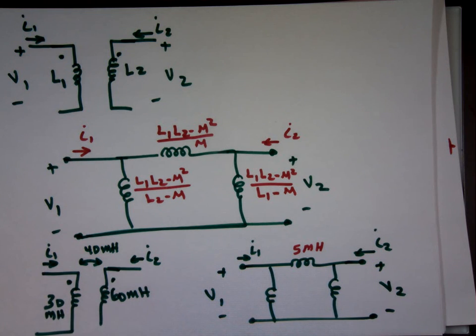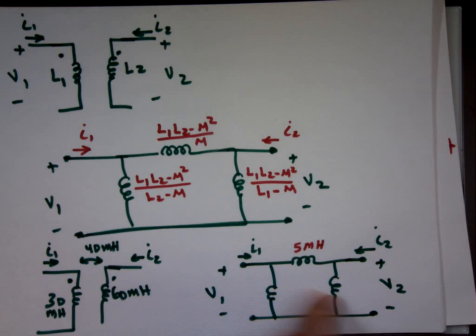This one, we know the top is 200, so 200, I just did the math, divided by L1 minus M. L1 here is 30, 30 minus the 40, which is what? Negative 10. 200 divided by negative 10.